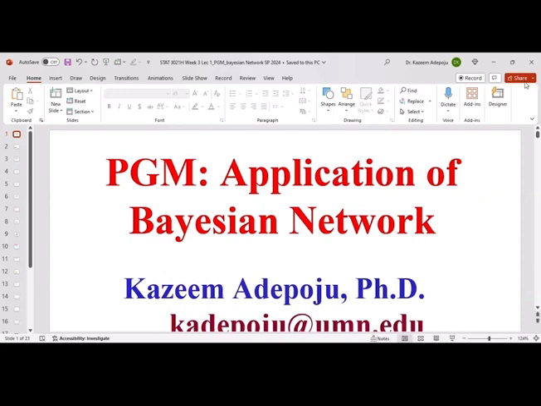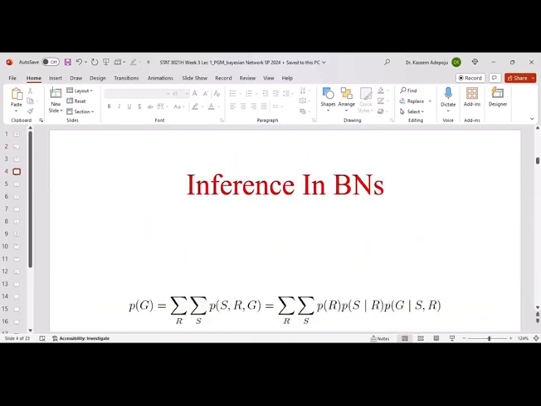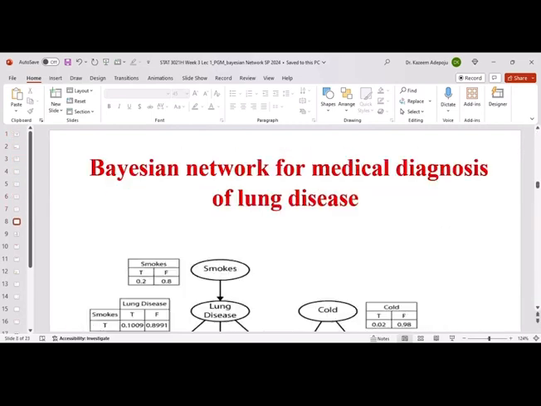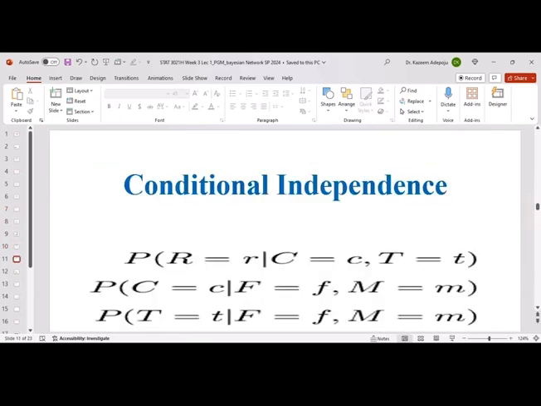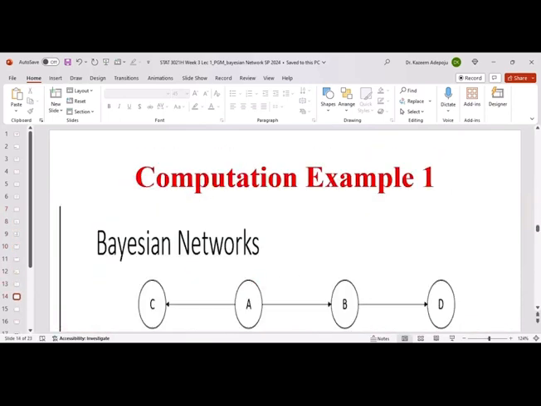On Monday, we started application of Bayesian network, and I walked you through areas of application in real life when it comes to Bayesian network. So without wasting time, I'm going to proceed to where we stopped the other time.